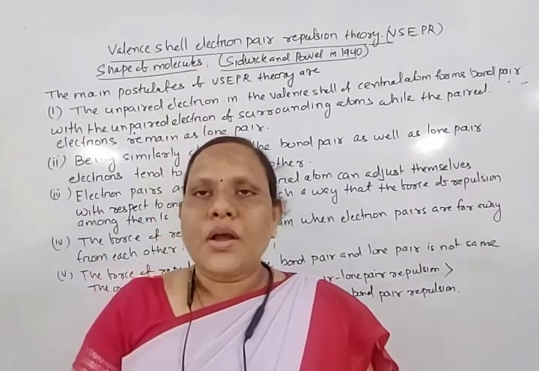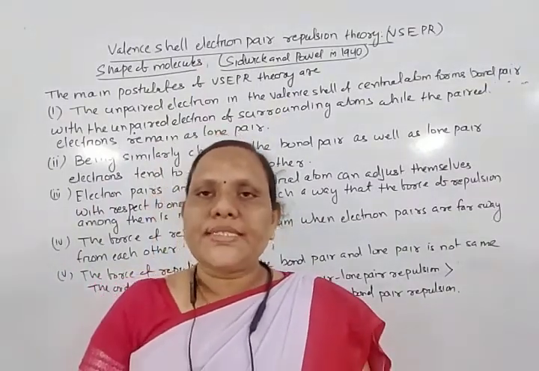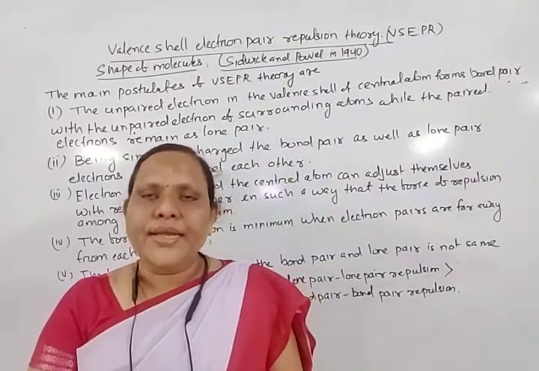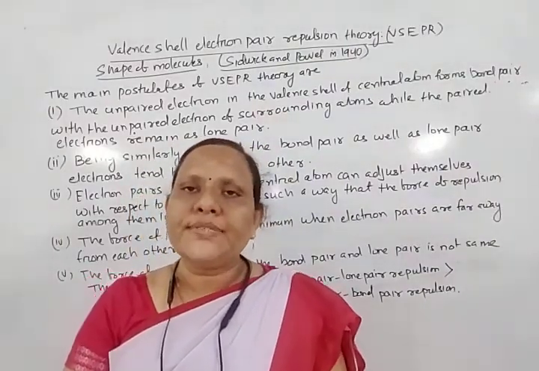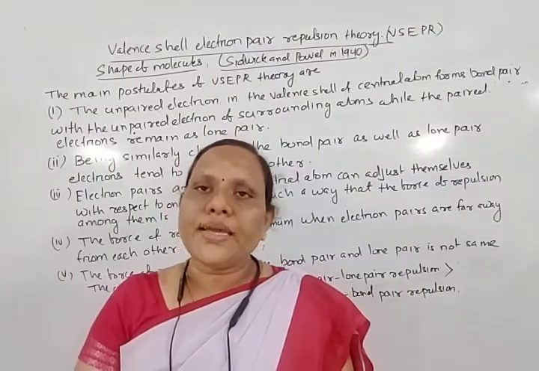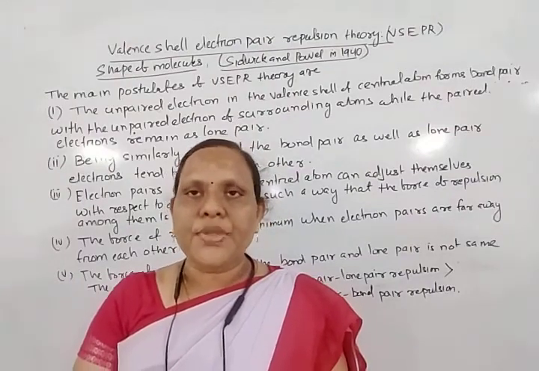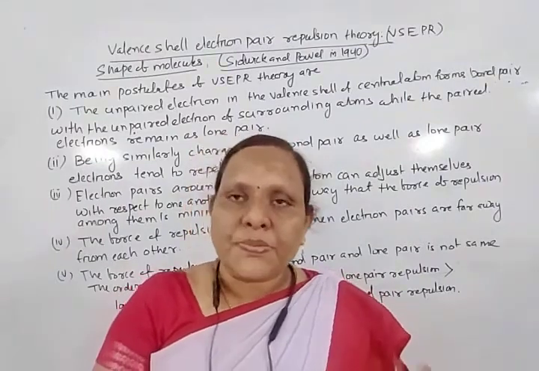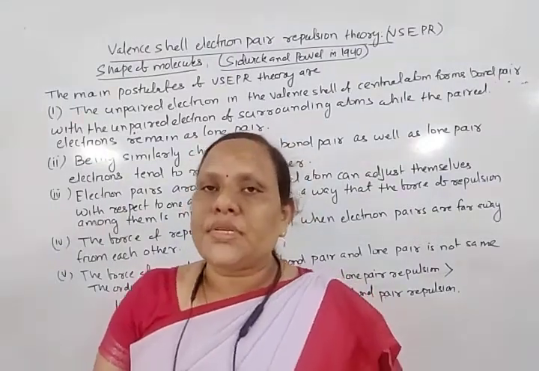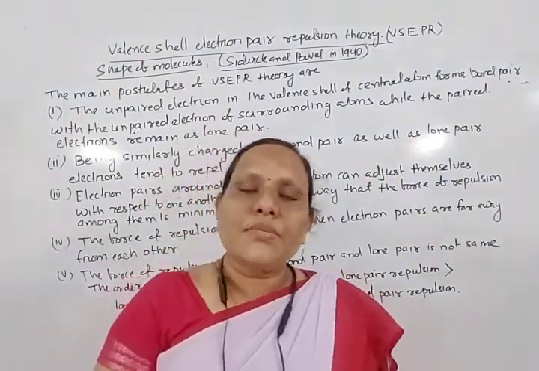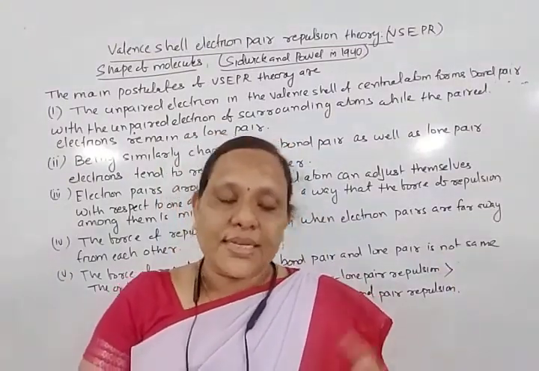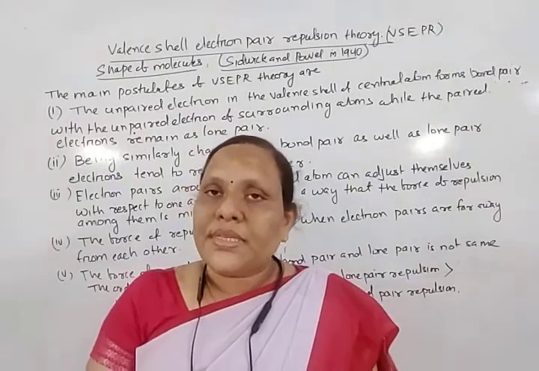Next, coming to how to determine the shape of molecules. The shape of a molecule is determined from its electron pairs around the central atom. Suppose you consider phosphorus pentachloride, ammonia, and methane. In methane, carbon is the central atom.